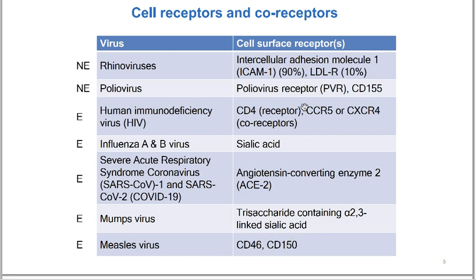So in most cases the receptors are immune system receptors. That means the different factors that bind with receptors in our body and trigger the immune system of our body, those receptors basically interact with the virus. So you can see here CD, angiotensin, sialic acid.